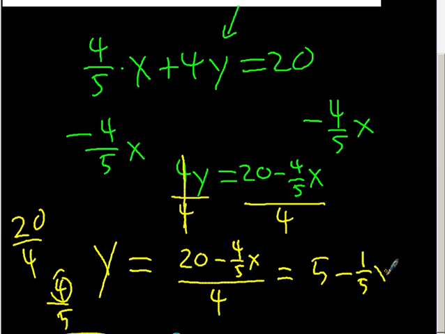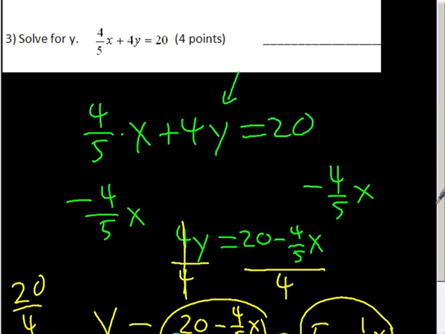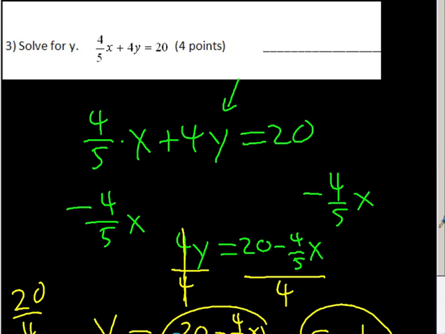Okay, so I think either of these final answers would be fine, but there would be some that would complain about the first one I got and would prefer this second one. So you probably ought to go ahead and do that. And that's what I'm going to write up at the top. y equals 5 minus 1/5 x.